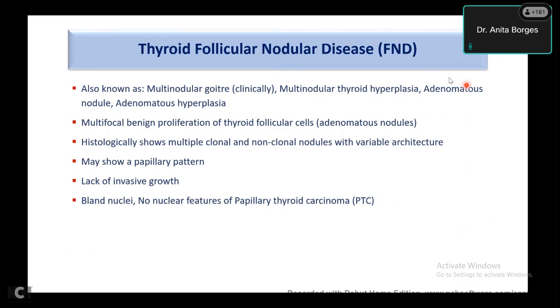So now what do you do? Do you call them multiple follicular adenomas in a multinodular goiter? I think that this thyroid follicular nodular disease has come about as a way of overcoming this, I thought, ridiculous definition of just one adenoma in the thyroid.